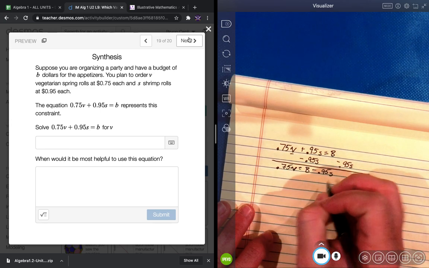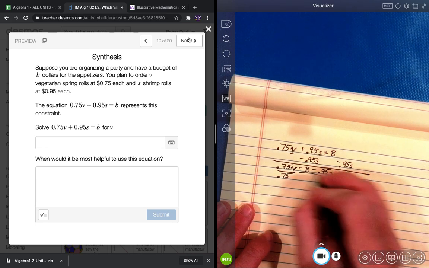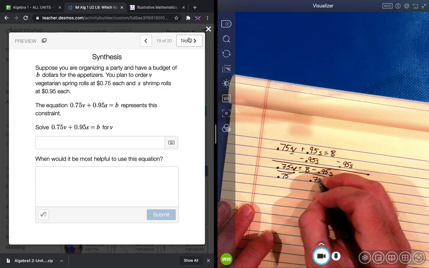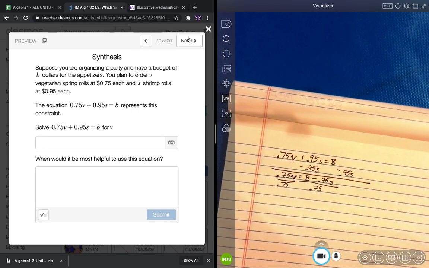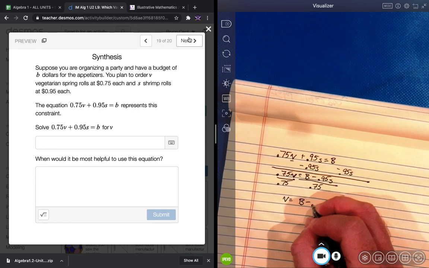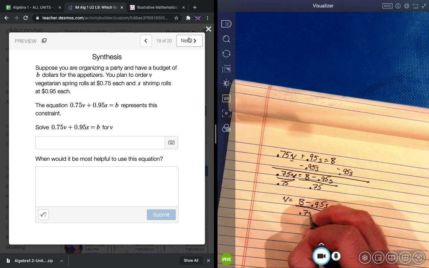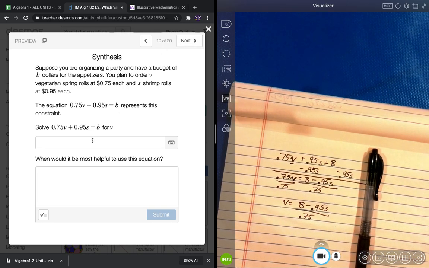So now we want to know the number, so then you're going to take whatever you had divided by your 75 cents, and that's going to give you V. So V would equal B minus the 95 cents for a shrimp roll all over 75 cents.